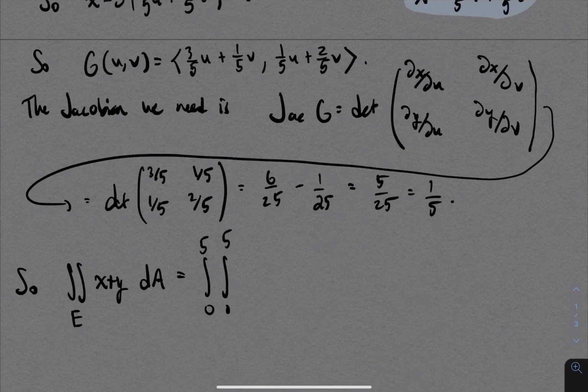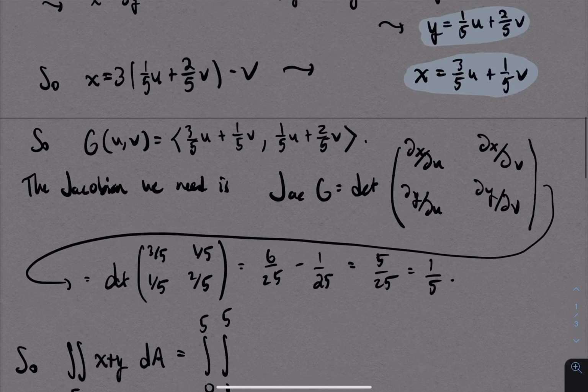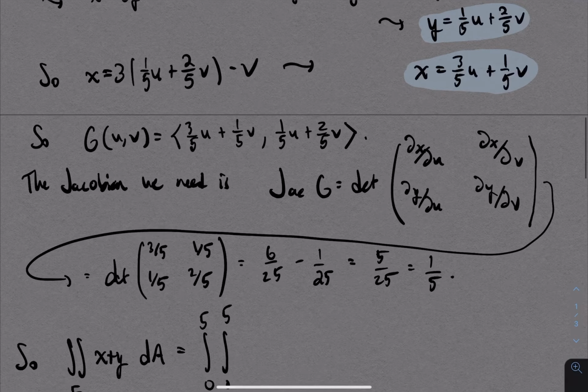F was x plus y. Up here in the top right corner, we have x and y solved in terms of u and v. So x plus y, if I do some algebra in my head, 3/5 plus 1/5 is 4/5. So I'll get a 4/5 u, plus, if I add the v's together when I do x plus y, we'll get 3/5 v.